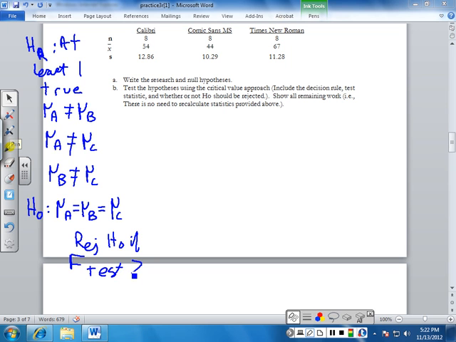And so we'll need 2 sets of degrees of freedom for this. For the numerator, it's going to be k minus 1, where k is the number of groups. There are 3. Minus 1, that's equal to 2.